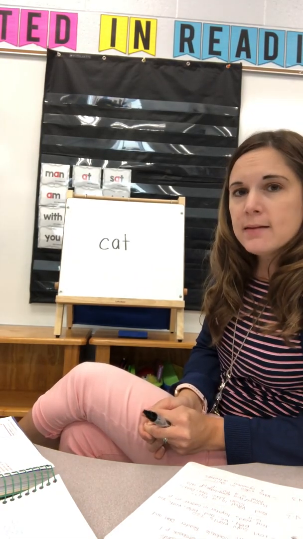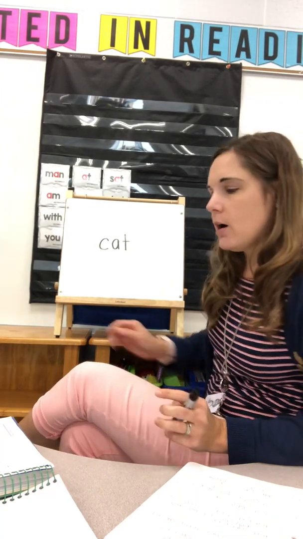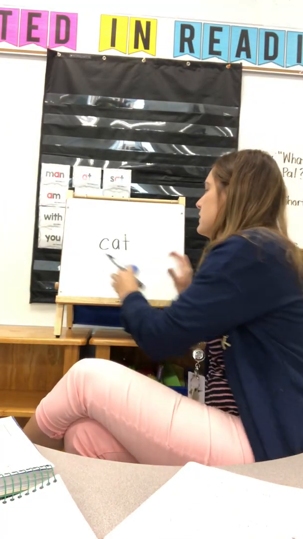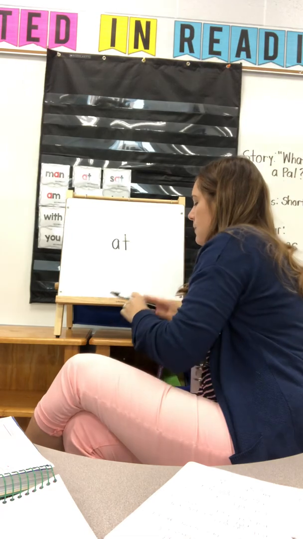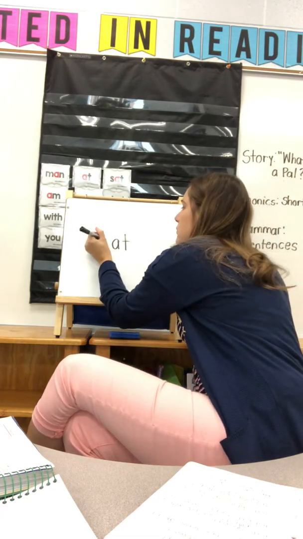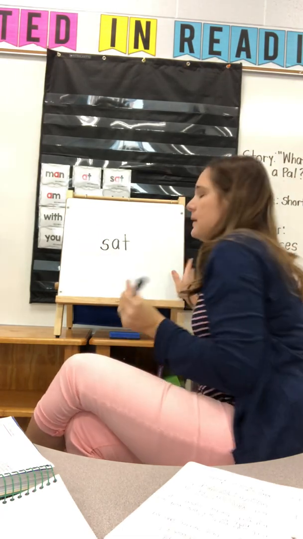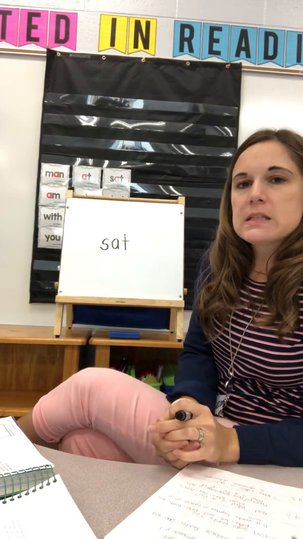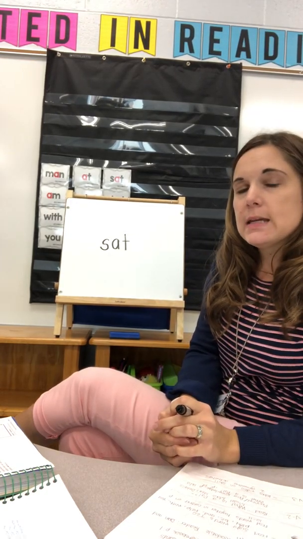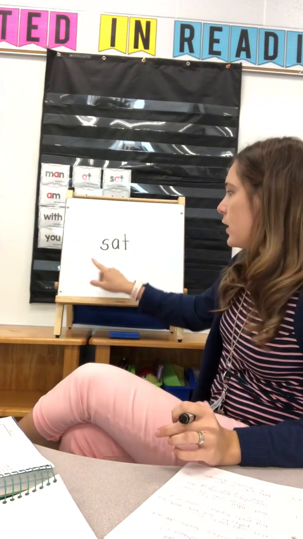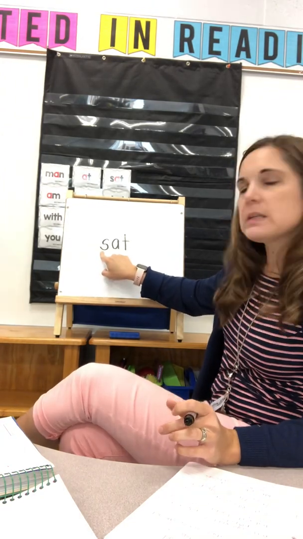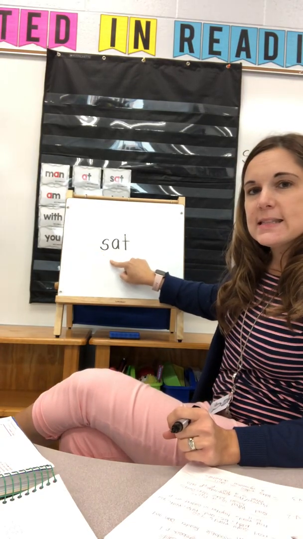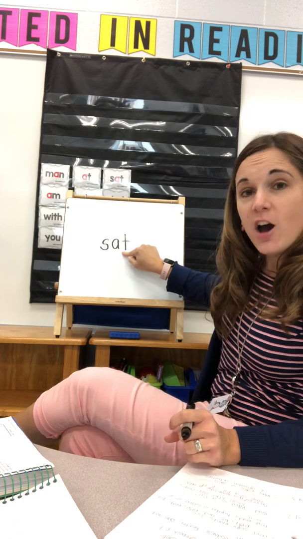A says A, cat. All right. Now, I'm going to take the C and I'm going to change the sound. I'm going to put an S in place of the C. So if we take away the C and add the S, our word becomes not cat, but sat. Did you say sat? Nice job.